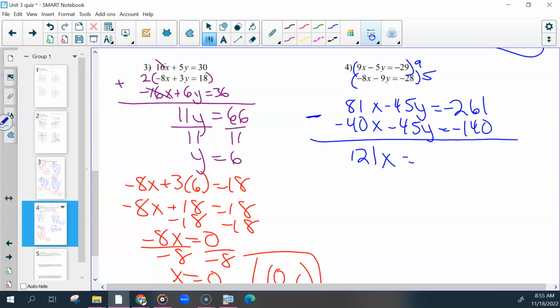And then negative 261 minus a negative 140 would again be adding. So you'd end up with 121 on both sides, but one's negative. So that x equals negative 1.